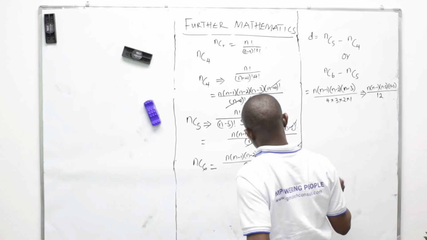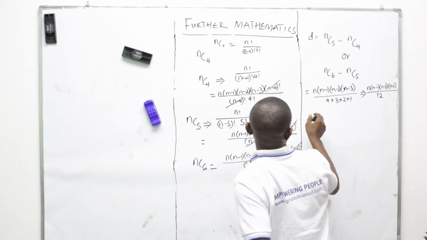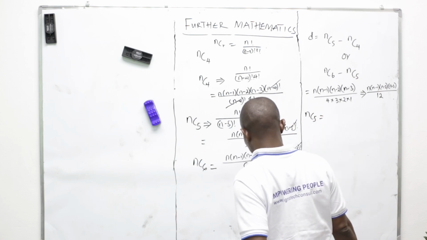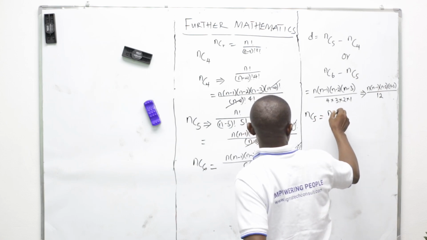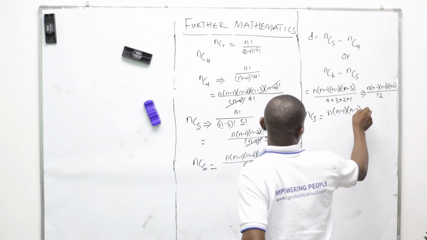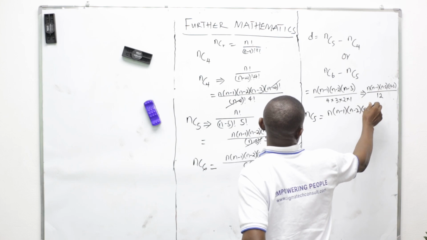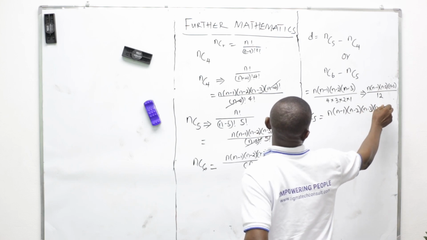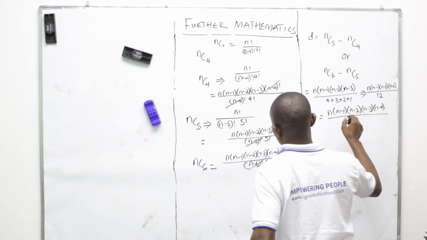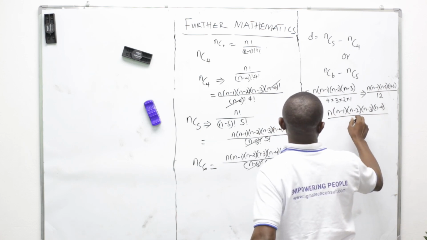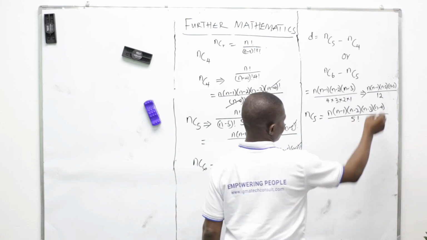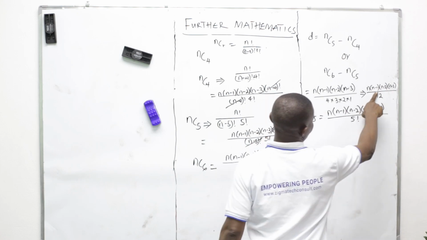Then, n combination 5 equals n into n minus 1, n minus 2, n minus 3, n minus 4, all over 5 factorial. For now, let's leave the factorials.